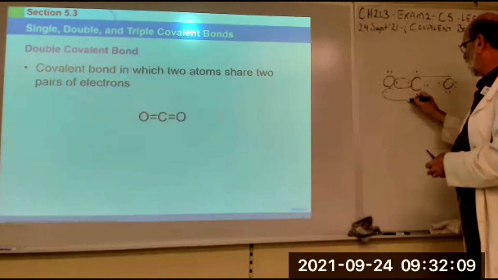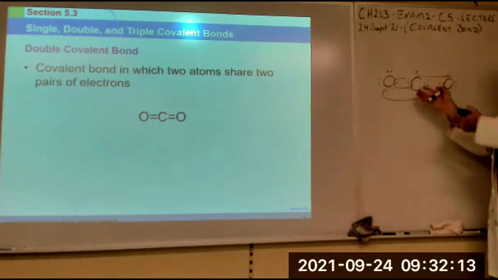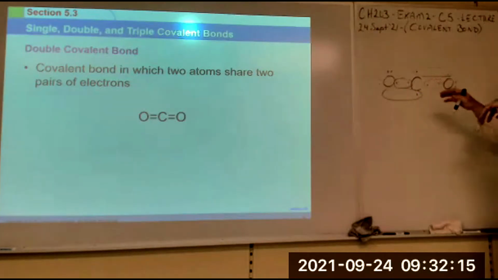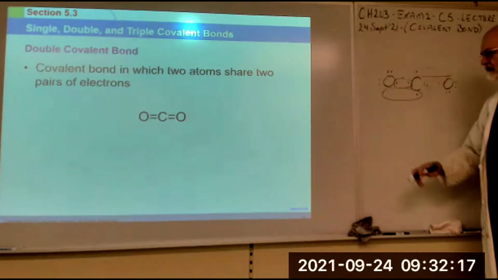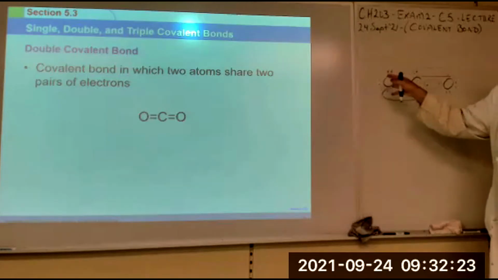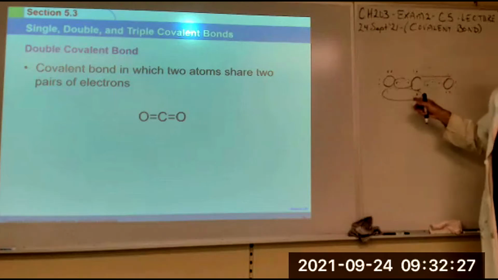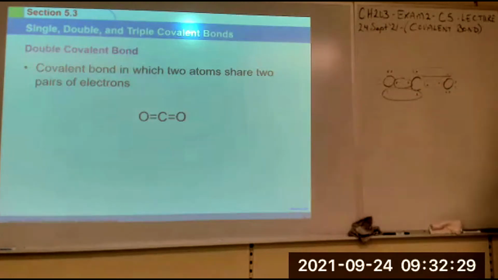You got a bond there, and you got a bond there. Now that's not physically what happens, right? This is just a representation. So that's why you have a double bond on this side and a double bond on that side. Oxygen satisfied here, oxygen satisfied there, carbon satisfied here. Everybody thinks they're a noble gas.